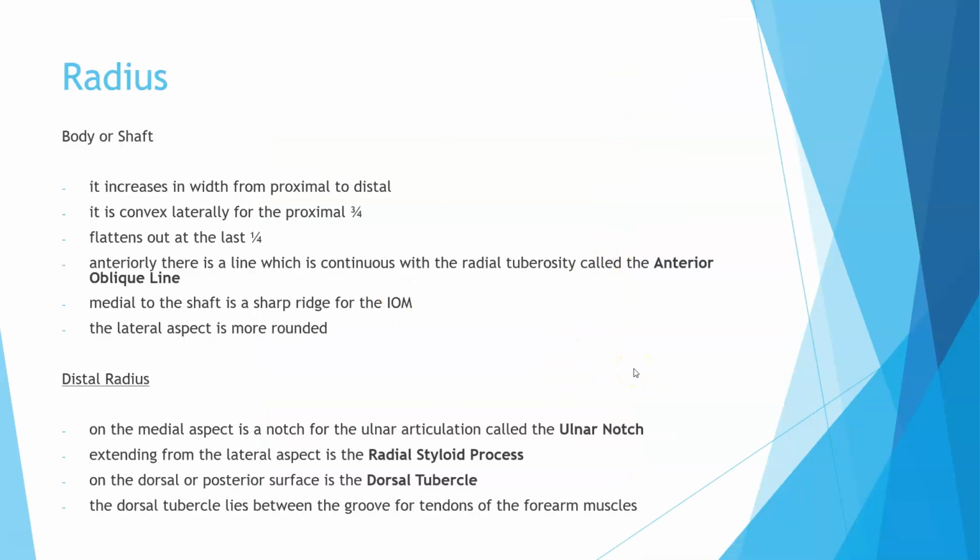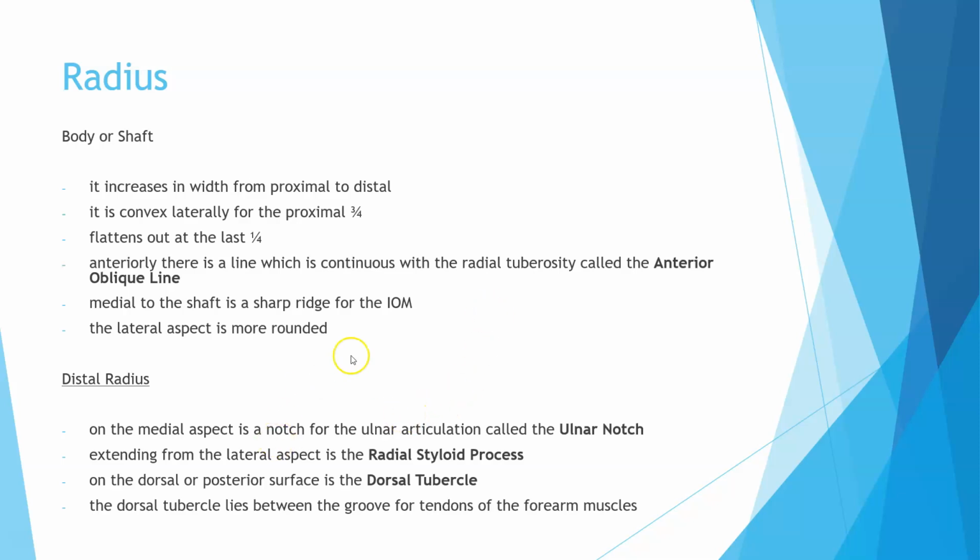The medial part of the shaft has a very sharp ridge on it where we find the attachment for the interosseous membrane. So we're going to have to realize that the lateral aspect of the interosseous membrane finds attachment on the medial aspect of the radius, which is where we find this sharp ridge.